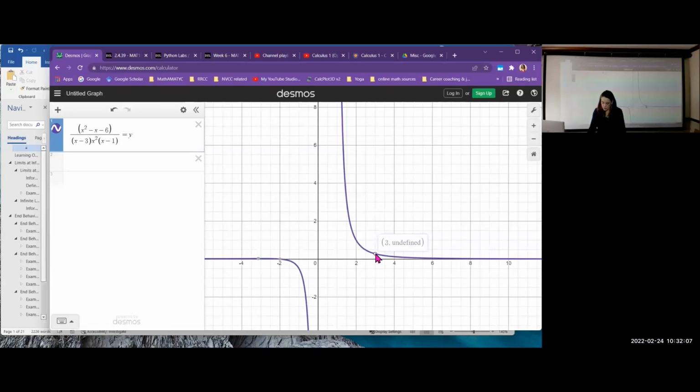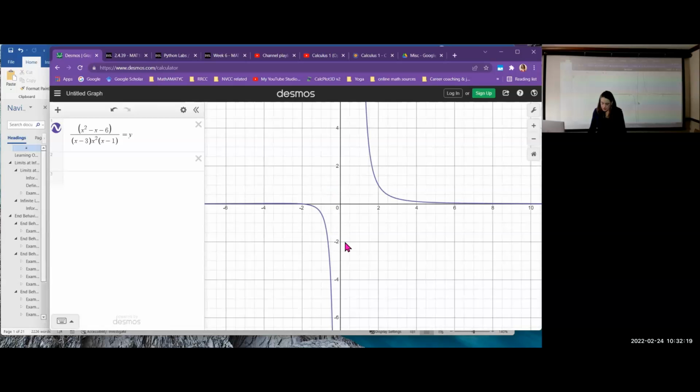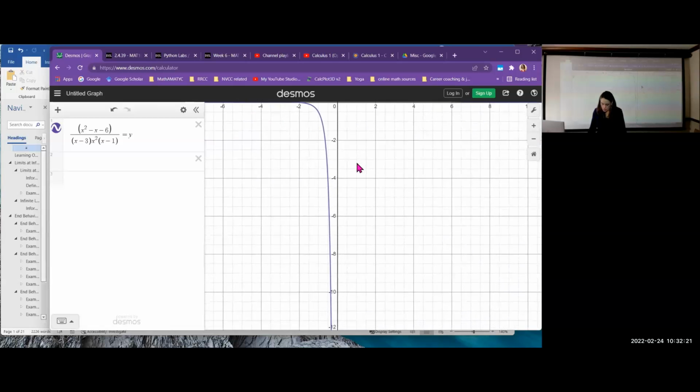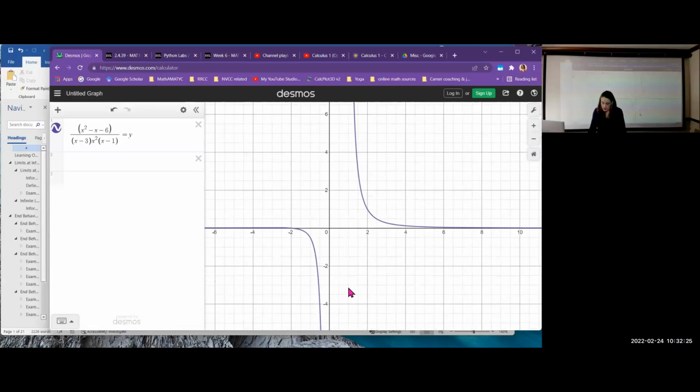I have a hole at 3, all right, because I have a factor that cancels, x minus 3. And then I have a vertical asymptote at the y-axis because x can't be 0. And I have another one here at 1. All right, so I have some really bizarre behavior in this graph.